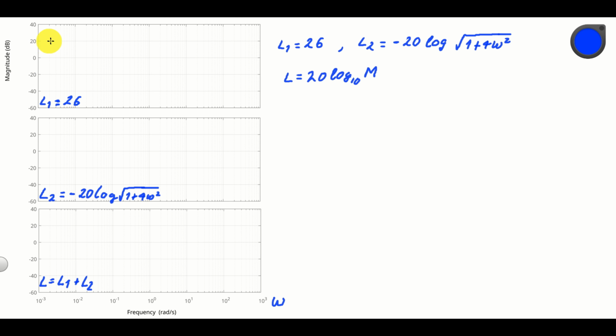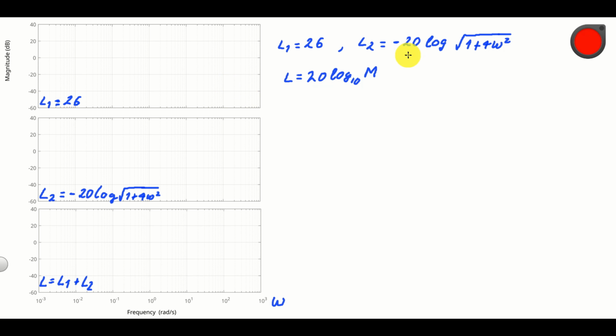That is, when you see 20 dB, you know that the amplification of the sinusoidal signals is actually 10, and this is very important. On the other hand, if you see minus 20 dB, you know that the attenuation of your M is actually 0.1. That is, if M is 0.1, this will be actually minus 20. And this is how you should understand decibels.